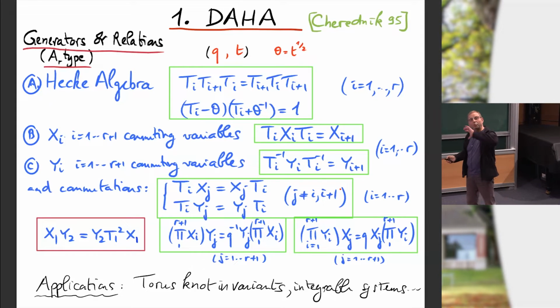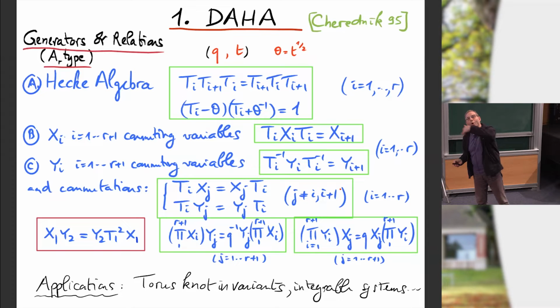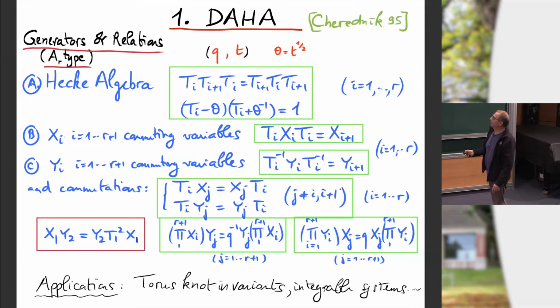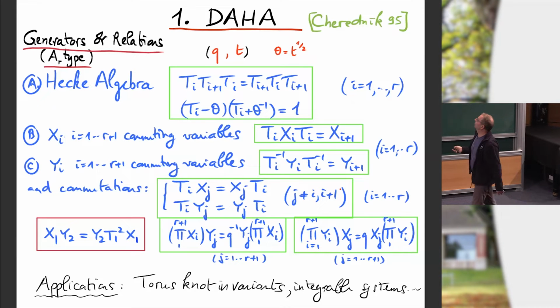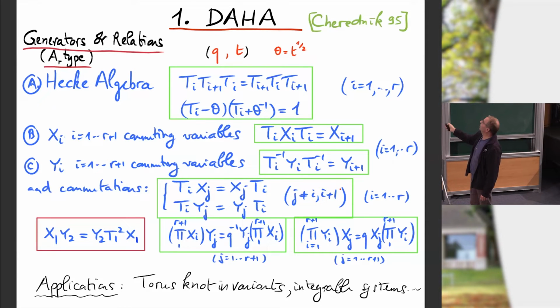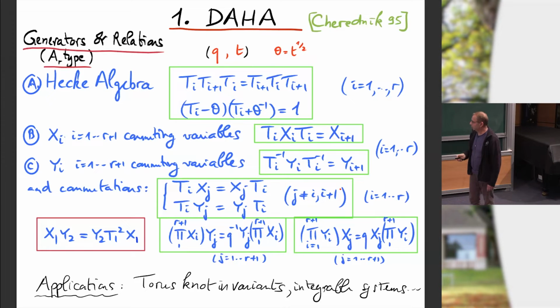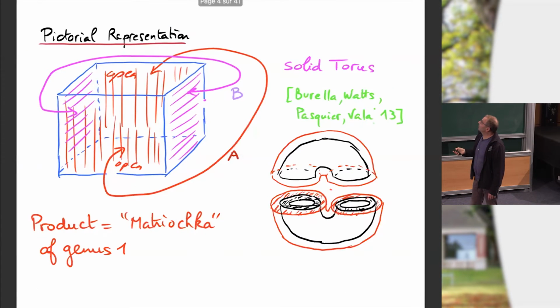So it's a property that has to do with winding around some loop. And one of the main applications is torus knot invariants, and of course all this has been developed and introduced by Cherednik.